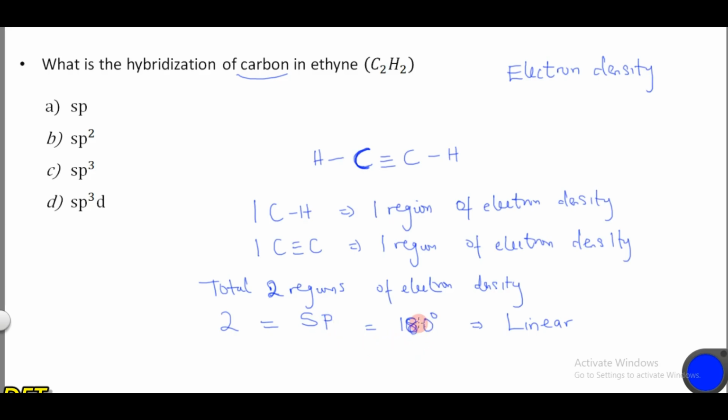The bond angle is 180 degrees, and the shape of the molecule will be linear, right? However I want to take it, bond angle is 180 degrees. So that is that for the hybridization of carbon in ethane.